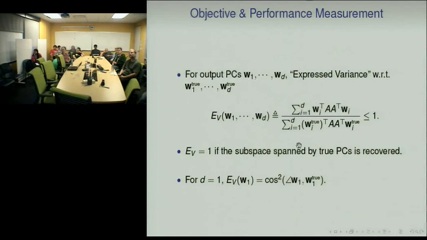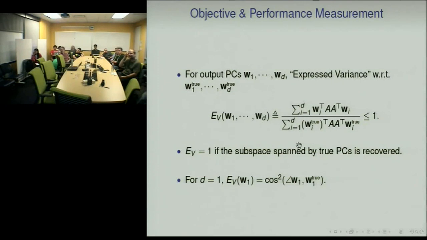The explained variance of a subspace that is spanned by principal components W1 to WD, with respect to the true space, is this expression here. It's a number between 0 and 1. If it's 1, then the subspace is completely spanned by the true principal components.